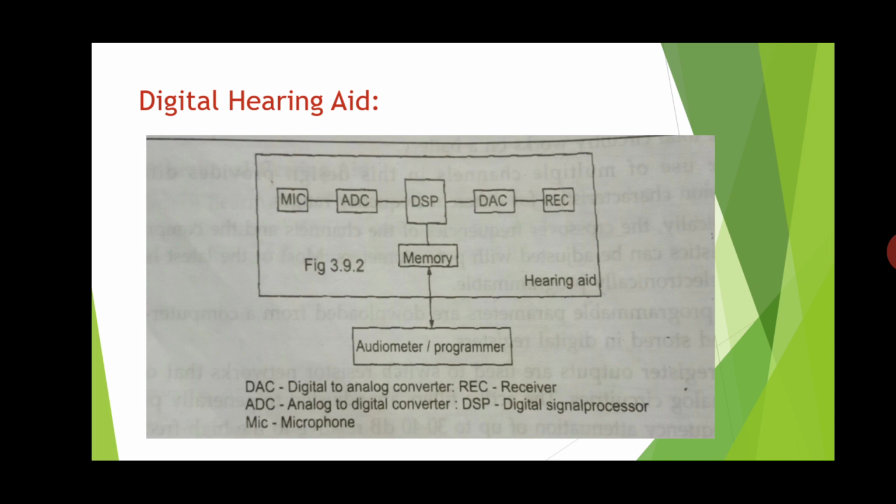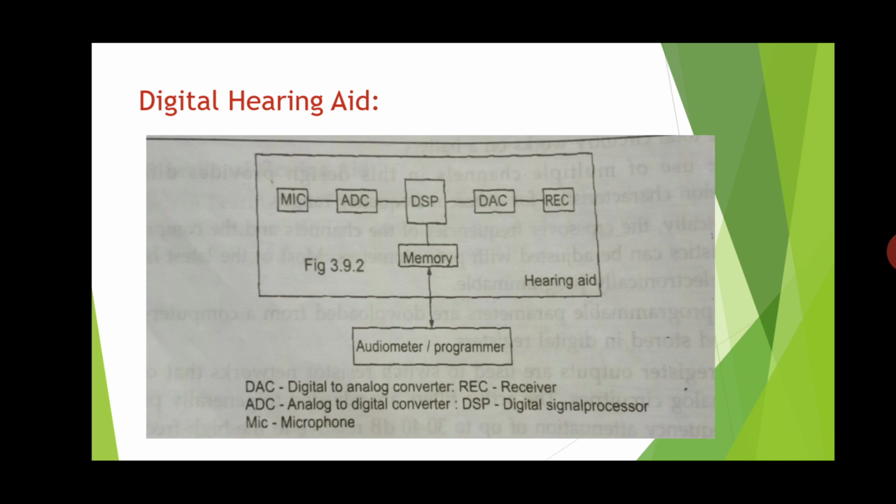Since power consumption is a major consideration in the design of a hearing aid, the wired program approach is used in this design. The DSP is associated with a two-port memory, which is used to store processing parameters that can be downloaded from the external programmer to the hearing aid.